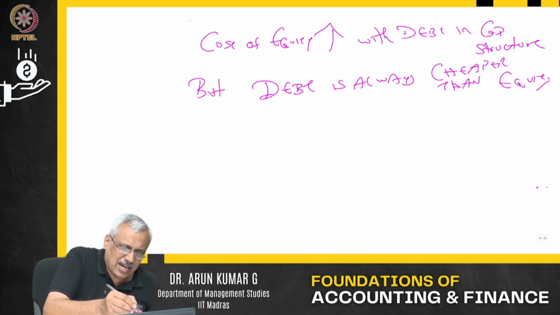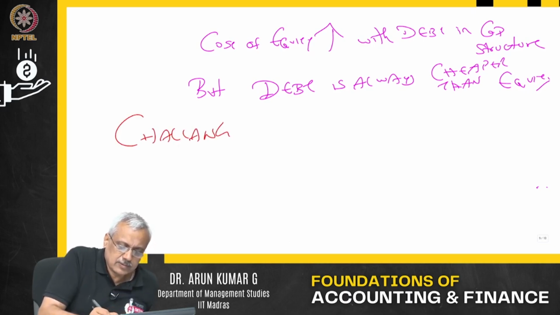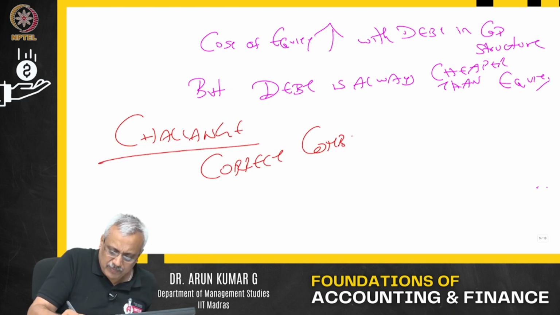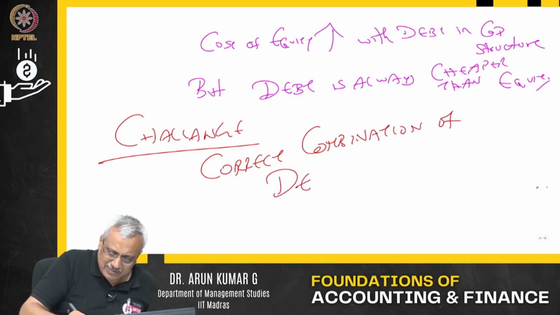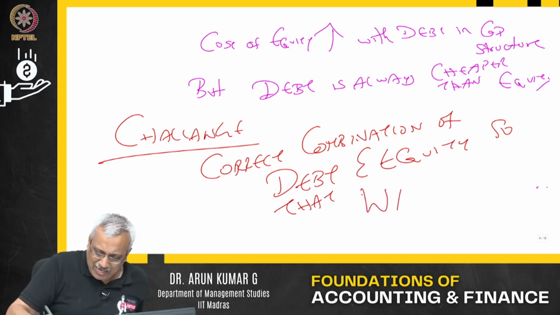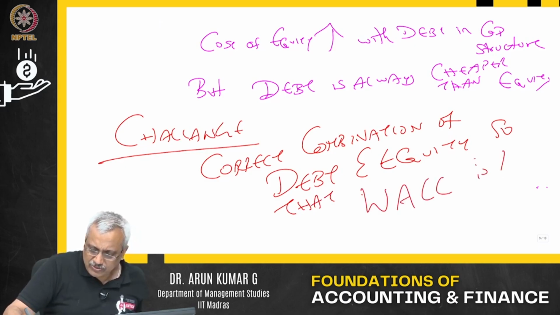So the challenge now, let us look at the challenge is to have the correct combination of debt and equity so that the WACC, overall cost of capital, is low.